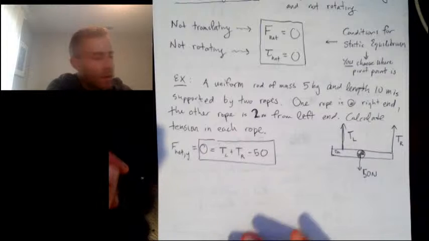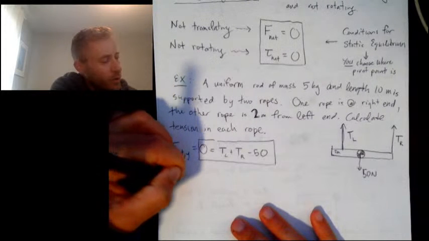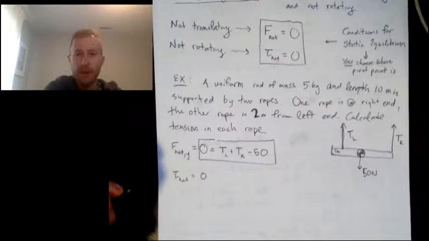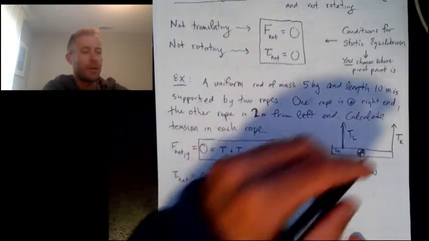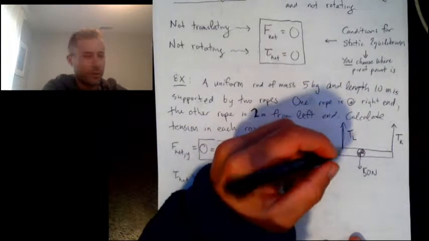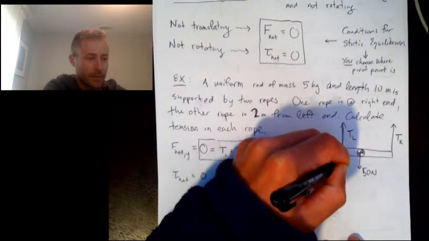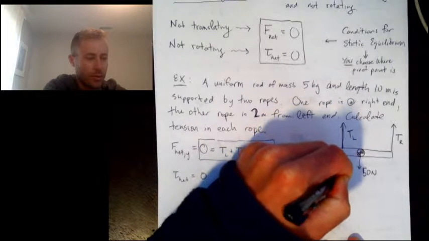The net torque also has to be 0. Now, I'm going to choose the pivot point to be right here.